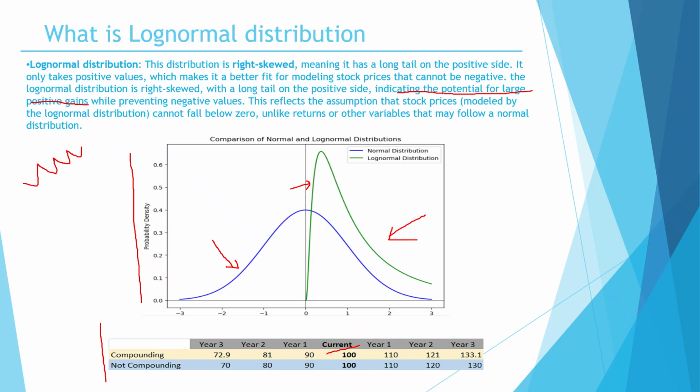In one scenario, I have used annual compounding, and in the second scenario, there is no compounding. Let's suppose on the right hand side, the prices are increasing by 10%.